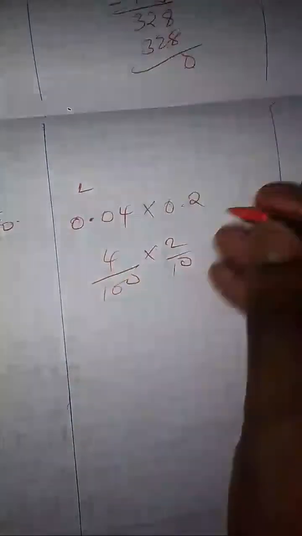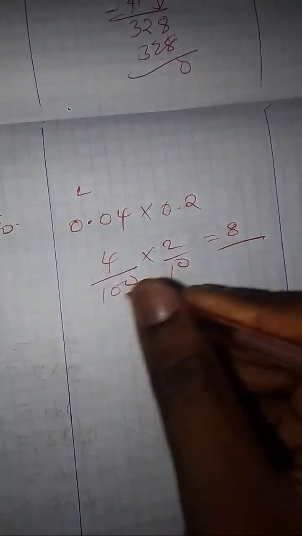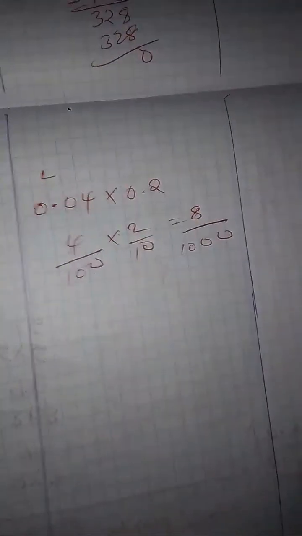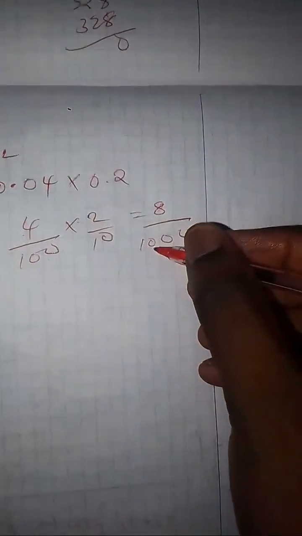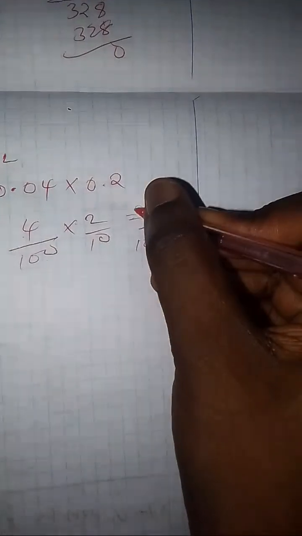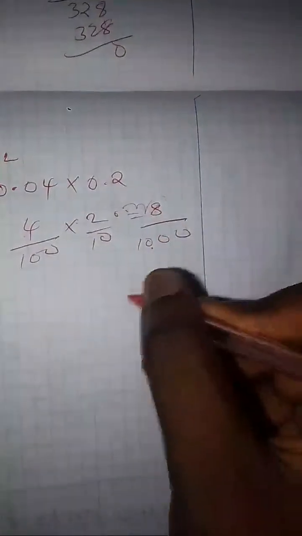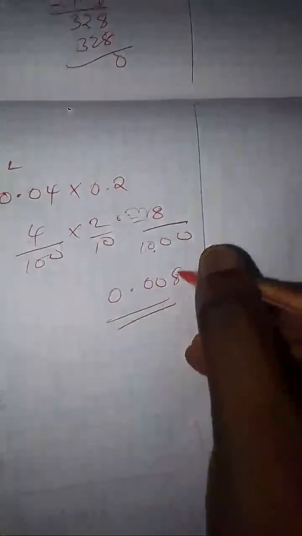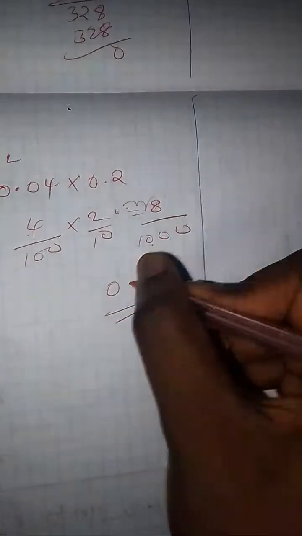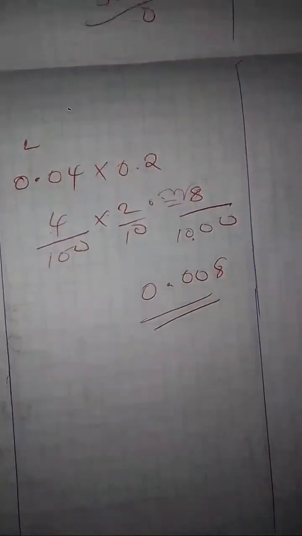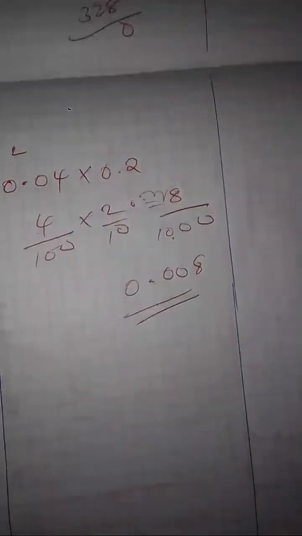Here 4 times 2 is 8, all over 100 times 10 is 1000. So 8 over 1000, you simply move three steps: 1, 2, 3. So you shall have 0.008. How many steps? 1, 2, 3. 3 steps. 0.008. It is very, very simple.